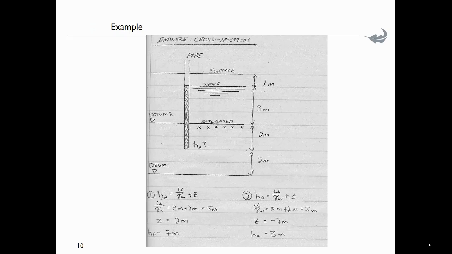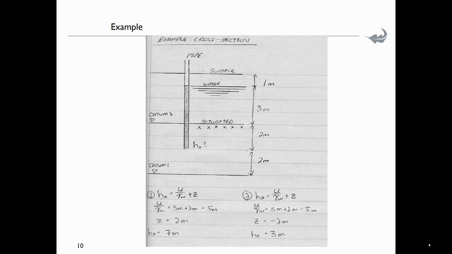pipe, and then the head at A will be U over gamma water plus Z, and so it will be the 3 meters below the water surface and the 2 meters to the bottom of the pipe, which will give you 5, and then Z is 2 meters from the datum up to the bottom of the pipe, so the total head in this case is 7 meters.